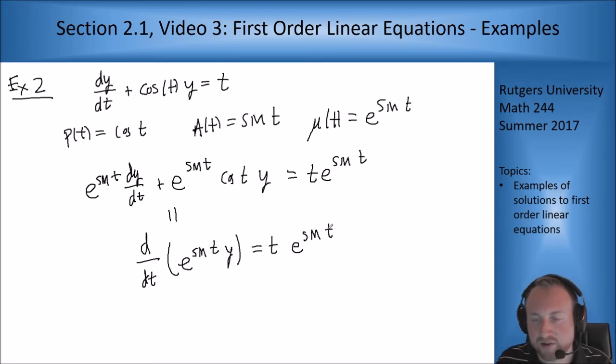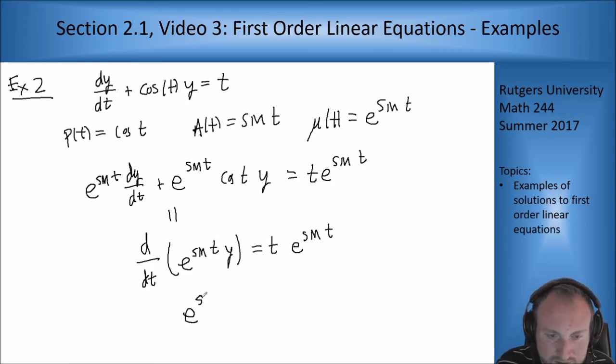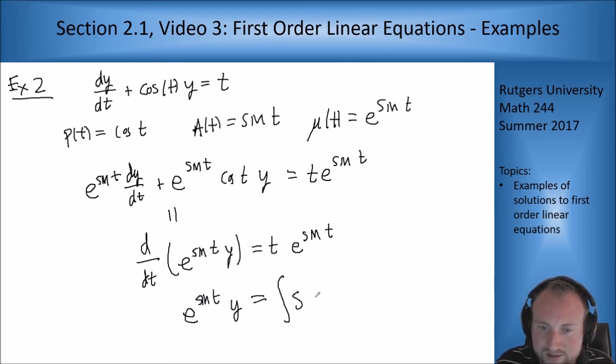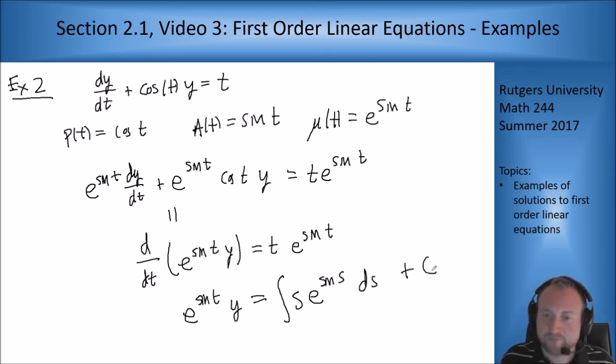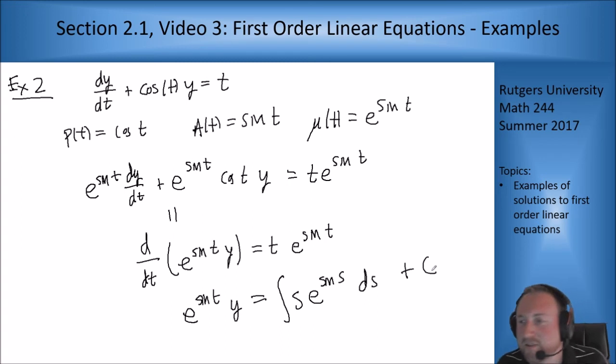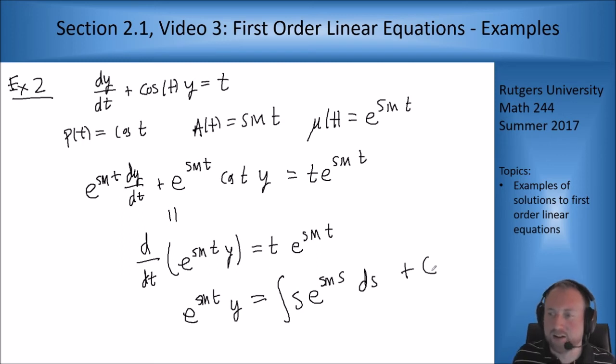And now we can integrate both sides. So e to the sine of t times y equals the integral of s e to the sine of s ds plus a constant. And now that integral can't be explicitly determined. There's no way to actually compute what that integral is in terms of actual functions, so we have to just leave it alone as it is.